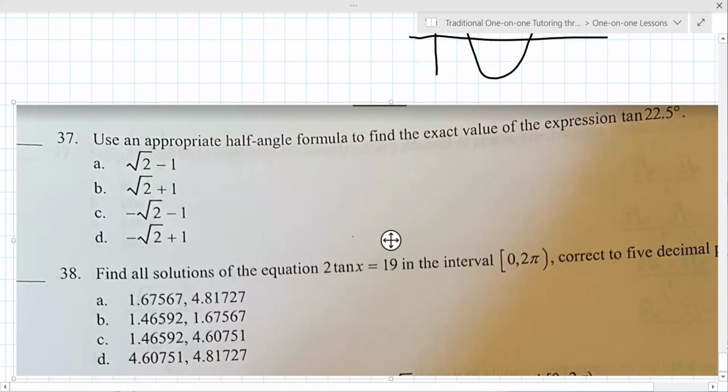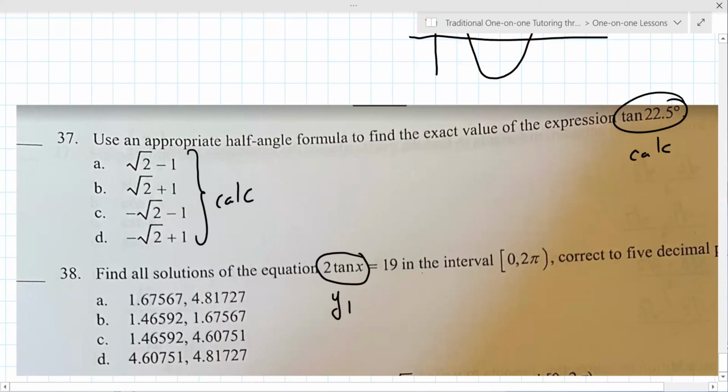38, I would graph. So I'm going to make some notes. I'll just say calculator and then calculator. This one is Y1. This one is Y2. Then you want to make sure your window is good. Because it's going up to 19, tangent kind of looks like that. You have to go way up to hit it.